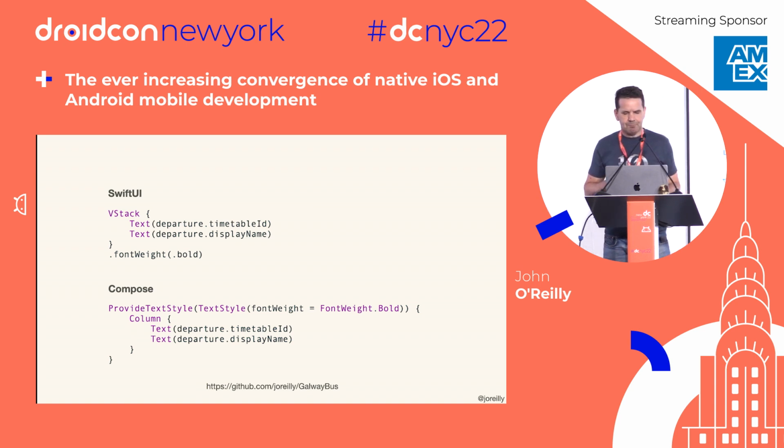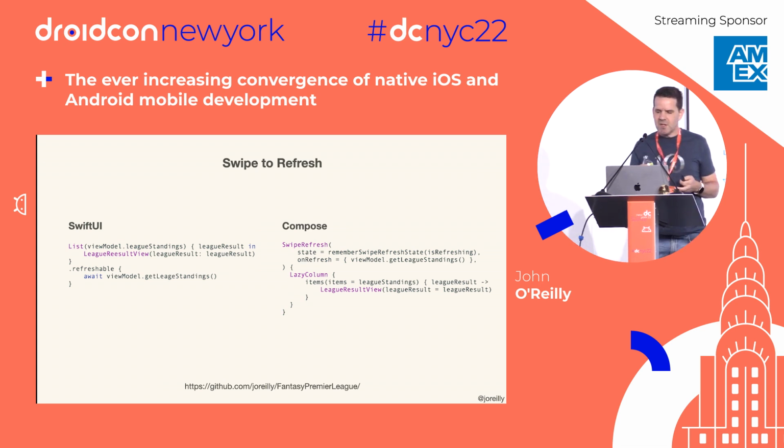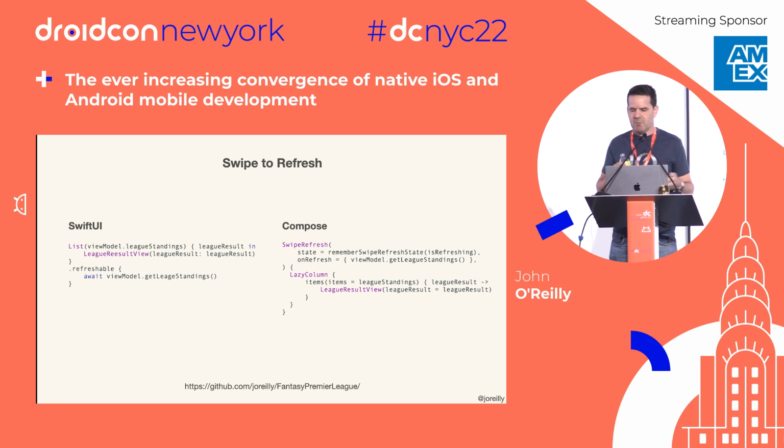In this example, we're applying a bold text style to all elements within the VStack in SwiftUI and Column in Compose, using ProvideTextStyle in Compose to achieve the same purpose as the fontWeight view modifier in SwiftUI. Semantics a little different again, but same concept in both cases. One last example showing swipe to refresh functionality in SwiftUI and Compose, with the latter actually provided by a Compose Accompanist library.